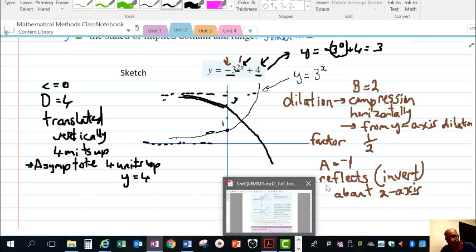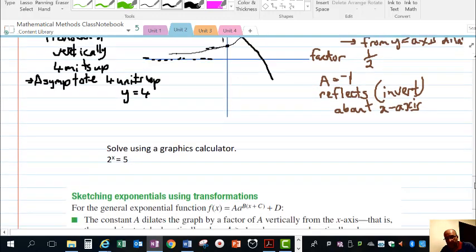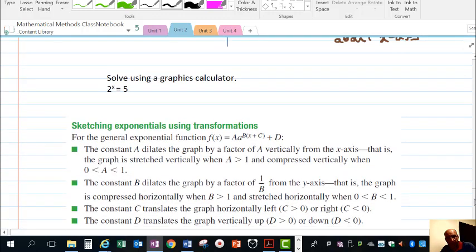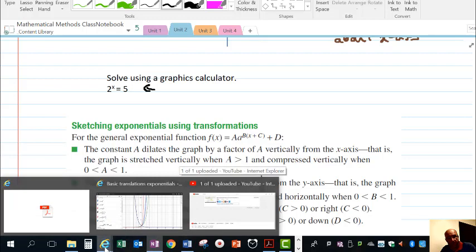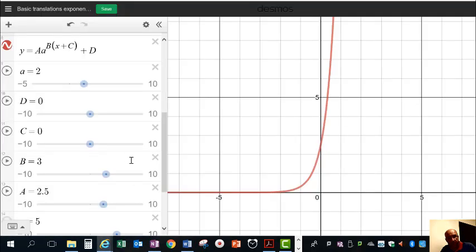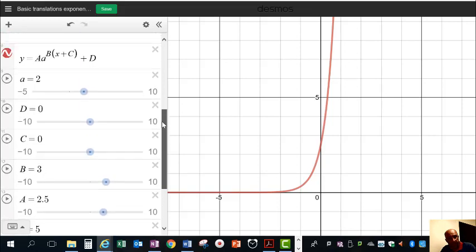The last thing we want to do then is to use our graphics calculator to solve 2 to the power x equals 5. This is how we would use it using software or graphics calculator. So if we've got 2 to the power x equals 5, let me select that one. I've already got that saved.